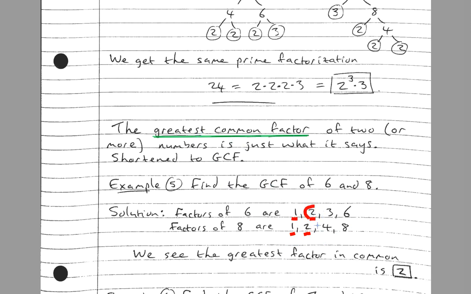Well, the biggest number that's a factor of both is 2. So that's a nice simple way to find greatest common factors. Just list all the factors, look for the common factors and find the greatest. So the greatest common factor of 6 and 8 is 2.